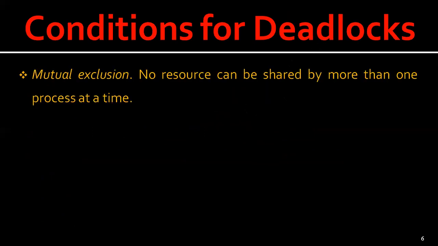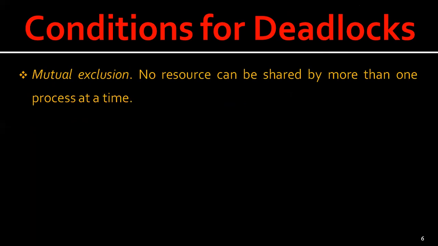the different deadlock characterizations. So let us see the deadlock necessary conditions. Here, the deadlock situation can arise if all four conditions hold simultaneously. And those four conditions are, first one is mutual exclusion.